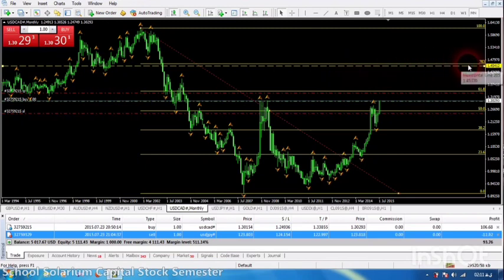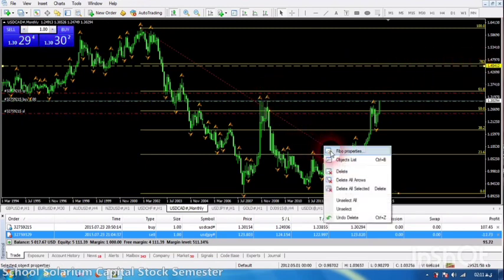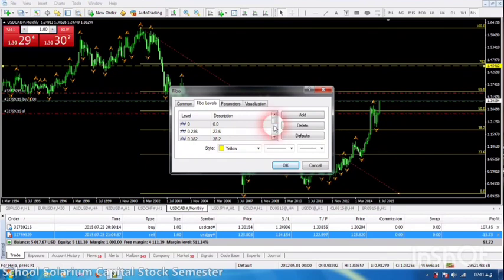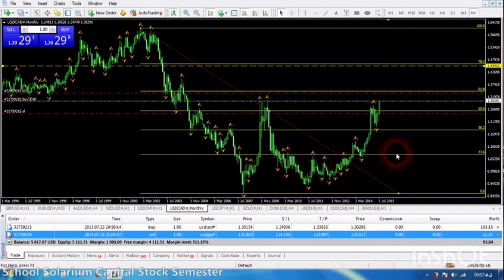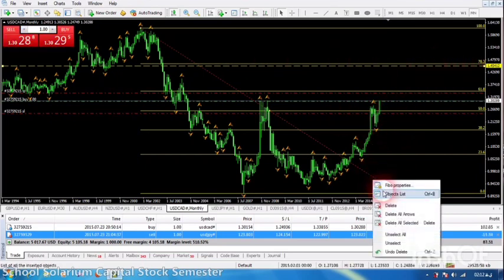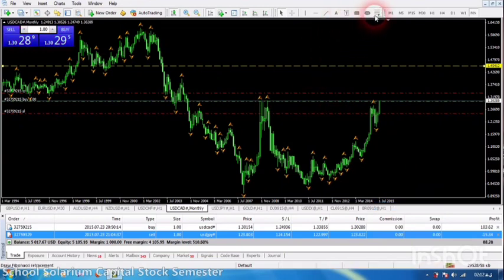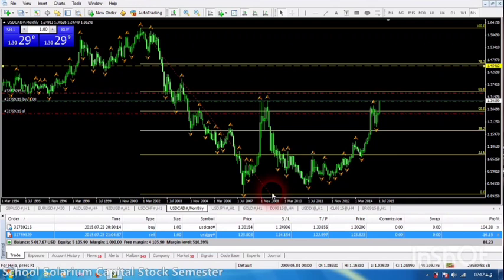So, as you can see, my 78 level is right here. I haven't been teaching for a long time. I have made a mistake. I should have put a point there. Okay, so this is my 78 level. I can see it. So whenever I draw a new Fibonacci, I can see my 78 level.